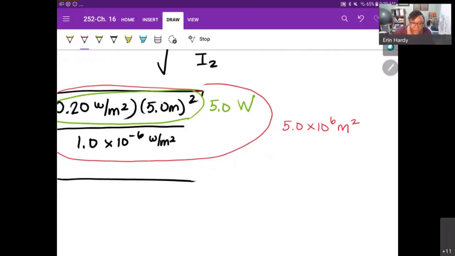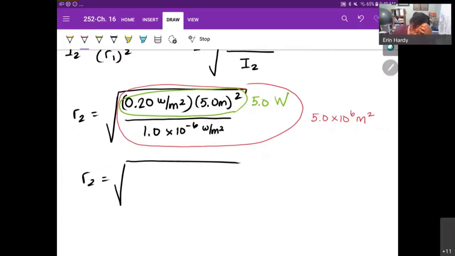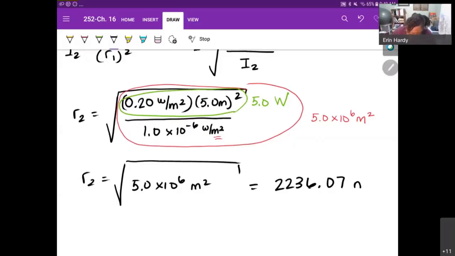That's going to be meters squared because the only unit that survives is the meter squared that's in the denominator of our I2 value. So 5.0 times 10 to the 6 meters squared. When we take that square root, we're going to end up with 2,236.07, let's say, meters.